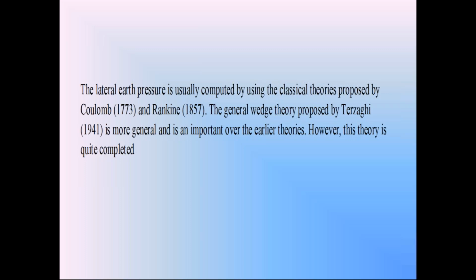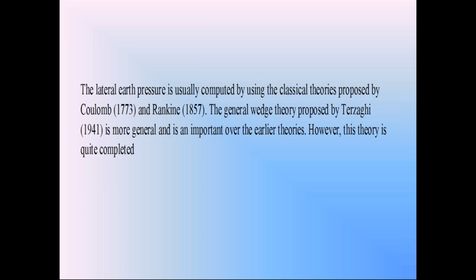But we study that Terzaghi wedge theory in this lateral earth pressure at a higher level, that is at MTech level. We will study what this Terzaghi wedge theory is to find out the magnitude of horizontal earth pressure acting on the retaining wall.